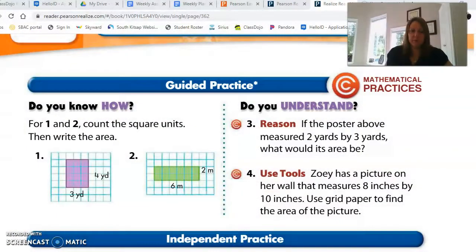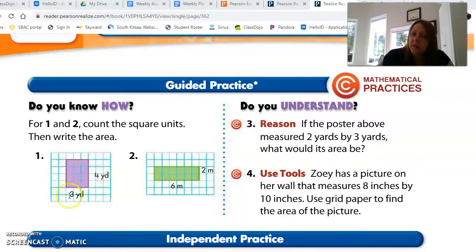All right, for numbers 1 and 2, I'm going to do it a little bit different than the book says, but I'm going to help you understand. So for 1 and 2, count the square units, then write the area. What I want you to do is write our formula of area equals length times width. Now remember, the length is the side to side and the width is up and down.